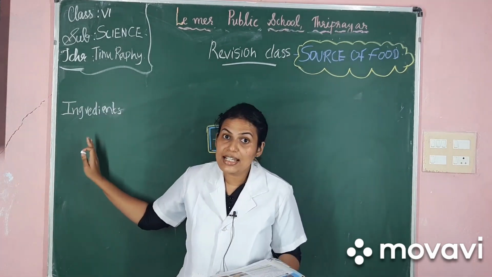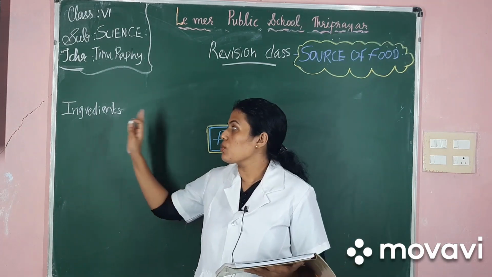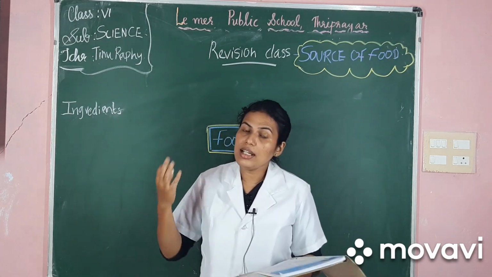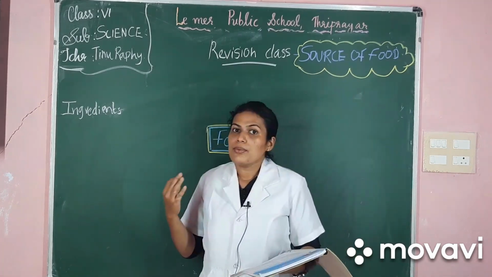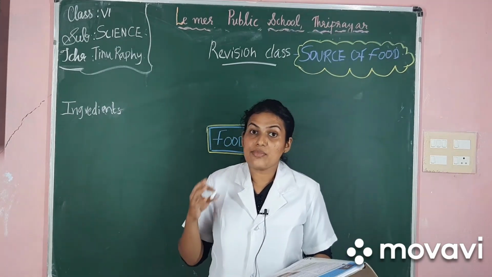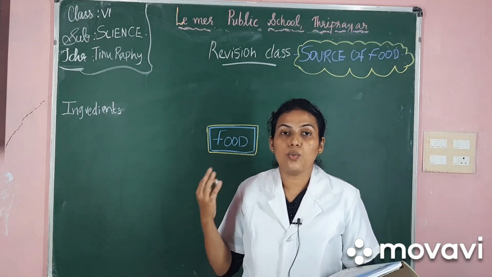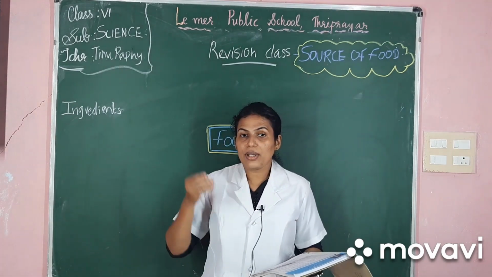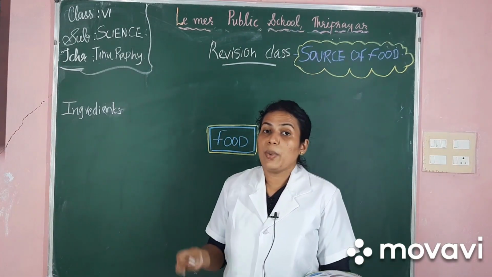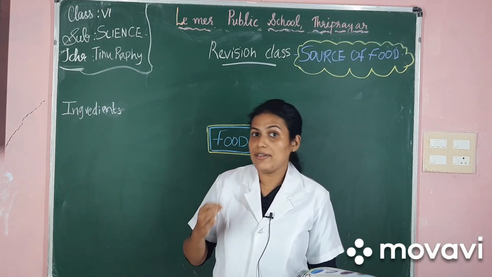Ingredients are the materials needed to prepare the food. For example, the food item chapati contains ingredients like atta and water. Such definitions are important for name the following type of questions. So, when you study a chapter, don't forget to learn the definitions.